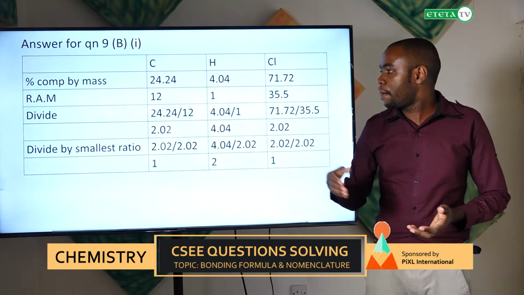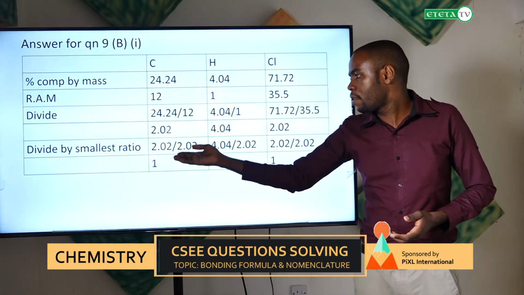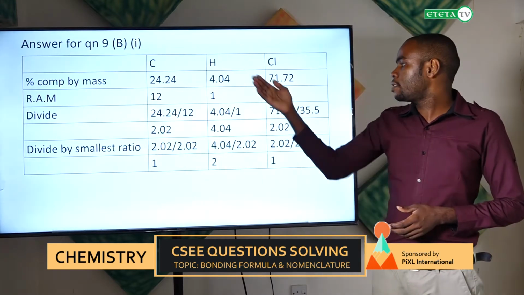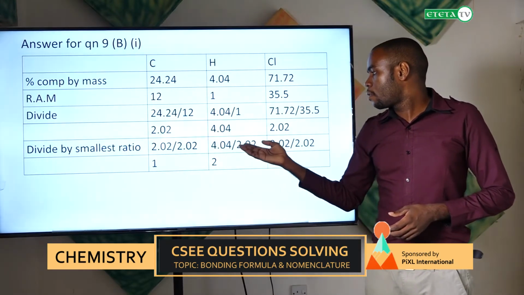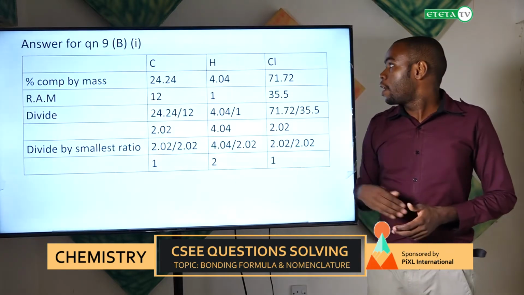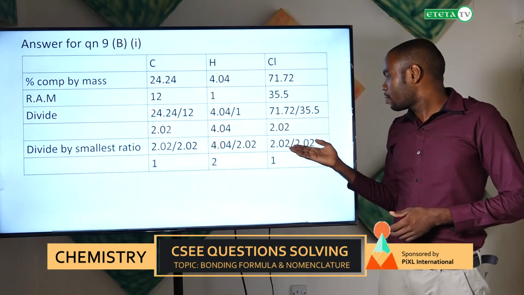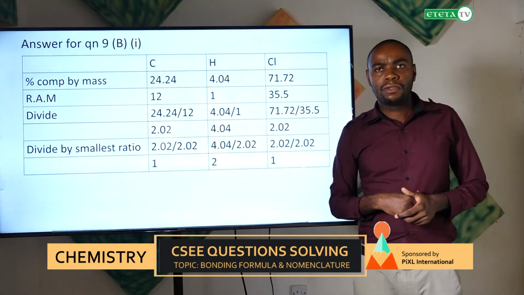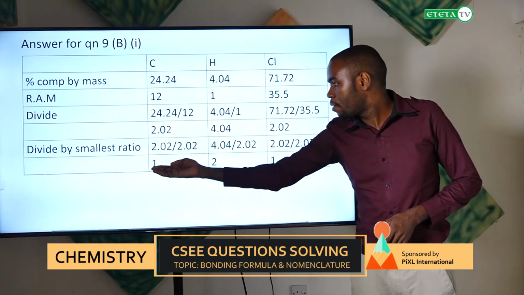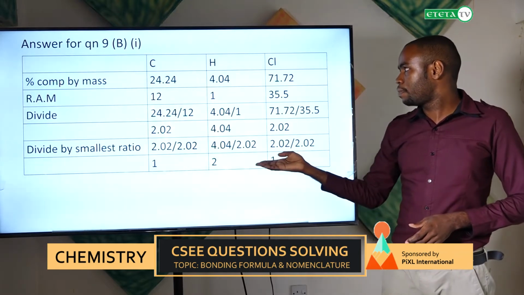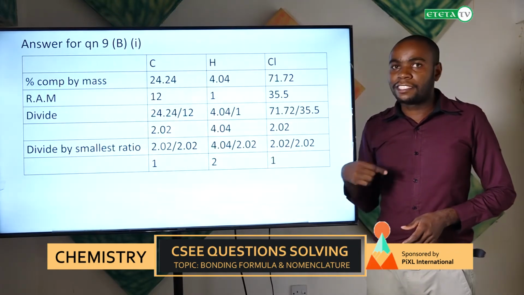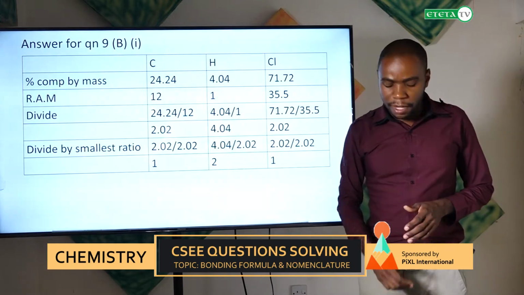For carbon, you take 2.02 divided by 2.02, which is equal to 1. For hydrogen, you take 4.04 divided by 2.02, which is equal to 2. And for chlorine, you take 2.02 divided by 2.02, which is equal to 1. This ratio 1 to 2 to 1 helps you to write the empirical formula.